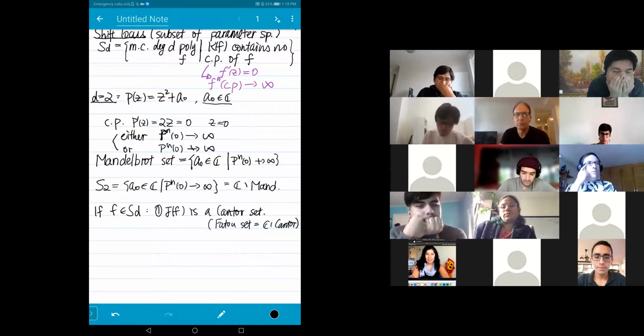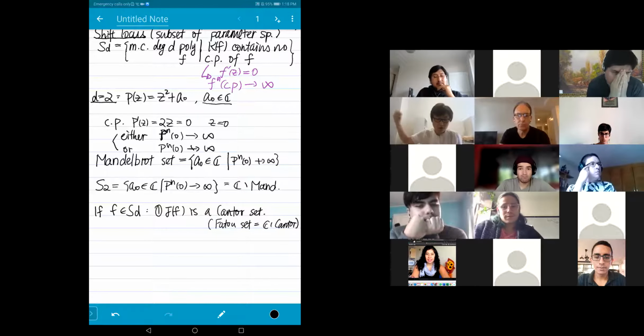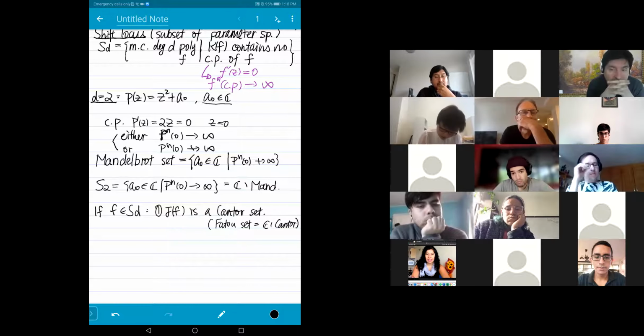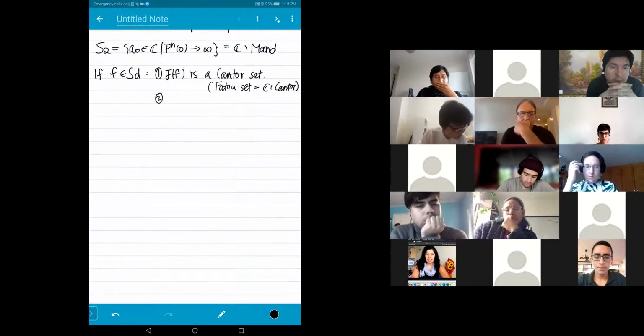And this plane minus Cantor set is not just topologically a plane minus Cantor set. It is equipped with this polynomial dynamics, and also because f is complex, it's actually a Riemann surface.